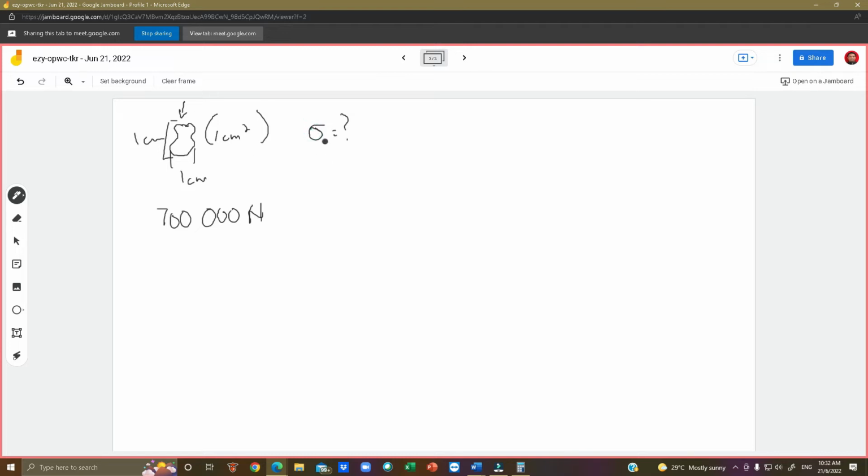Okay, so we have sigma equals to force over area. Okay, and this area needs to be in meter square. Tu kena cari dulu meter square dia. Right. So after you have found out the meter square, you can substitute everything into the equation. 0.0001, 10,000 tadi kan.